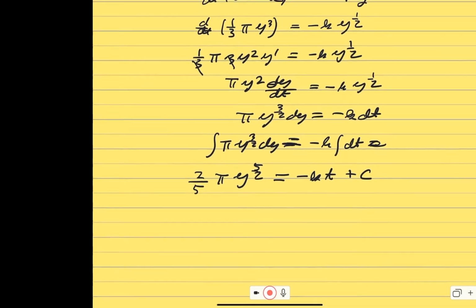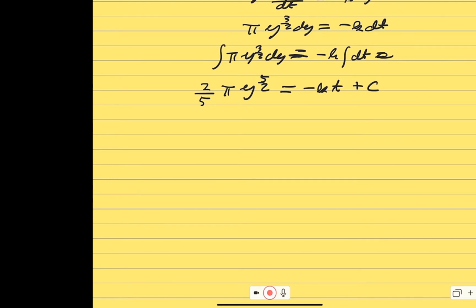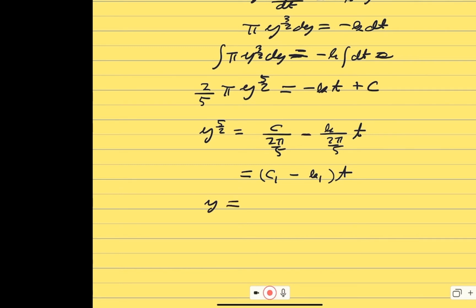So y to the 5/2 is c over 2 pi over 5, dividing through that, minus k over 2 pi over 5 t. And let's simplify our notation a little bit and just call that C1 minus K1 t.